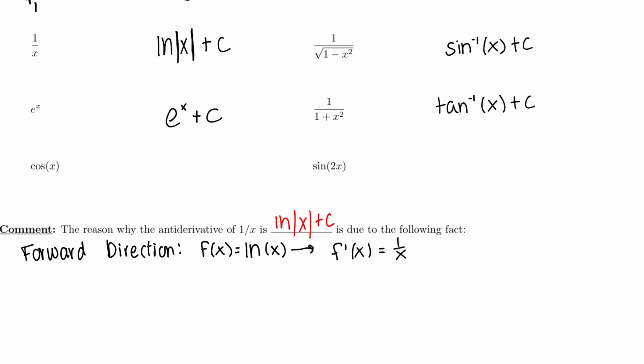Now, in the forward direction, the domain that you began with is limited, because ln has a limited domain. So the domain of where you started is from 0 to infinity. When you take the derivative, it uses the same domain.